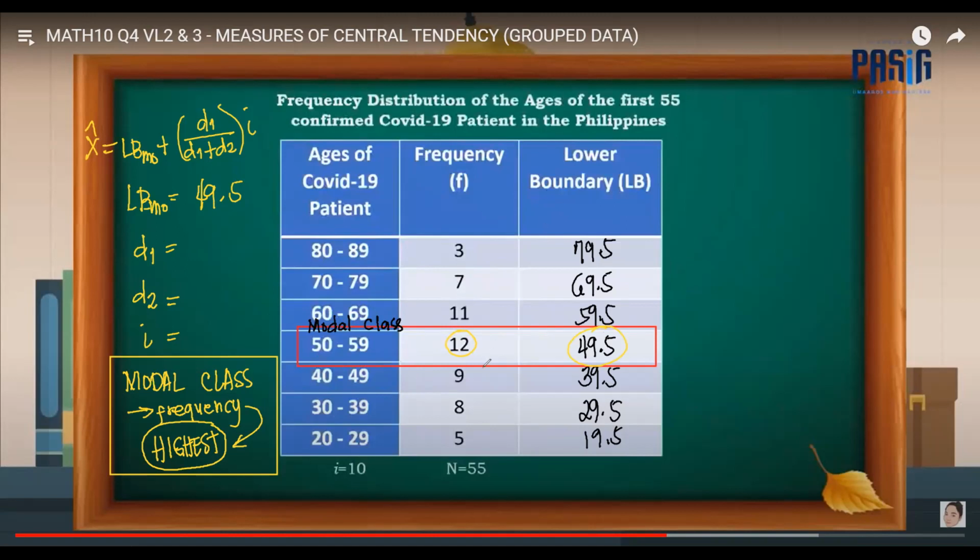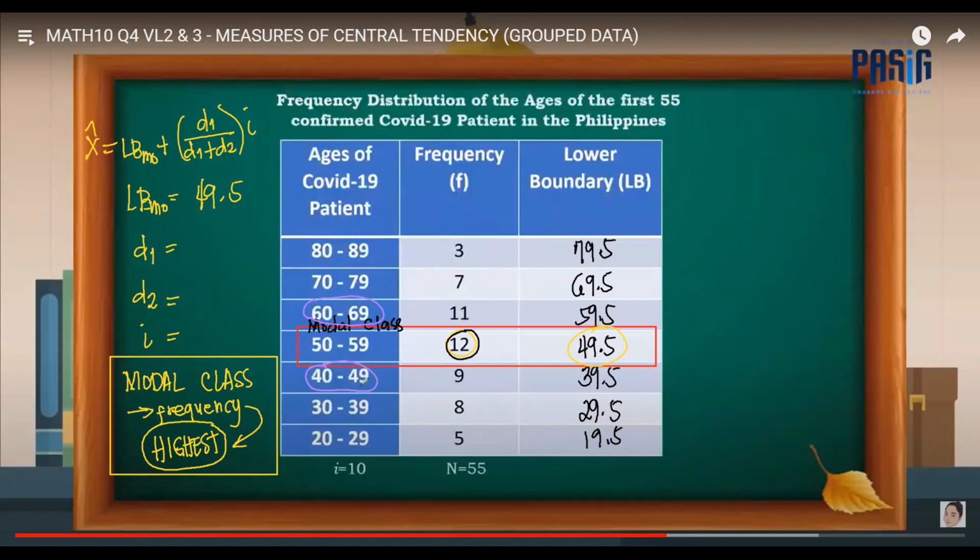How about D sub 1? Si D sub 1 po ay ang difference ng frequency na to minus the next lower. Alin ba dito yung lower? Is it 60 to 69 or 40 to 49? Alin ba dyan ang lower? 40 to 49 po. Correct.